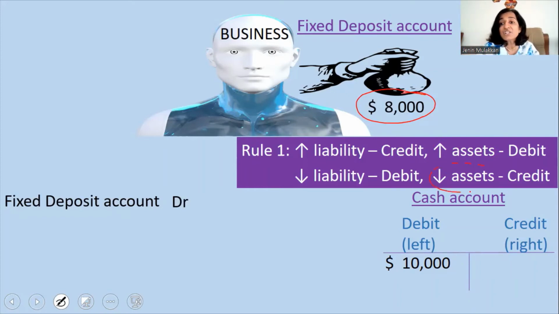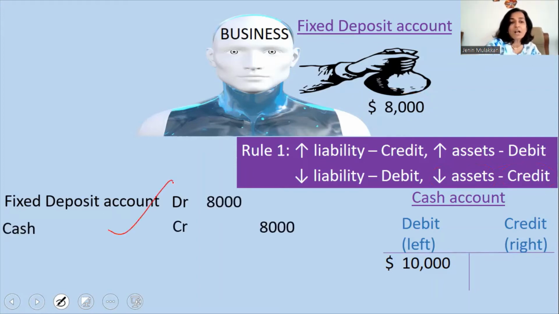So there is a reduction of asset as far as the cash is concerned. So the cash account has to be credited. So the cash account is credited with $8,000 and the fixed deposit account is debited with $8,000. Both are assets. One asset, the fixed deposit account, is increasing and hence it is debited. And the next asset, cash, is getting reduced and hence it is credited, going by rule number 1.